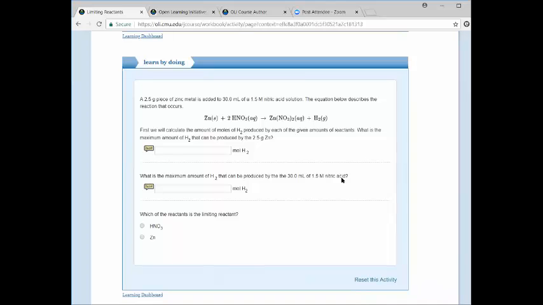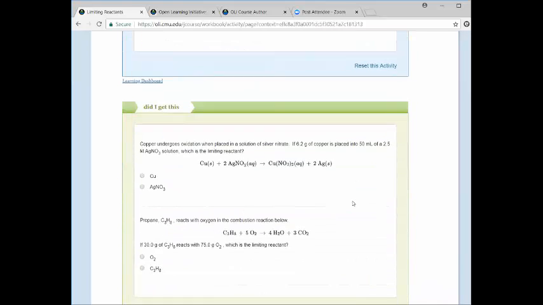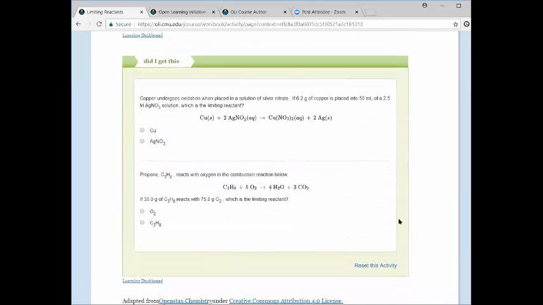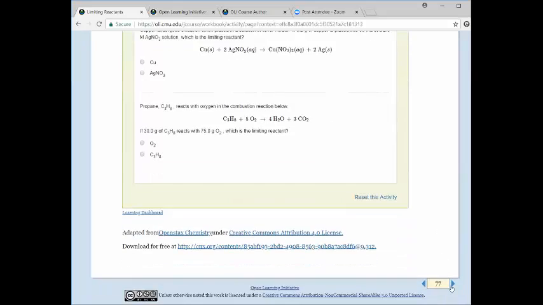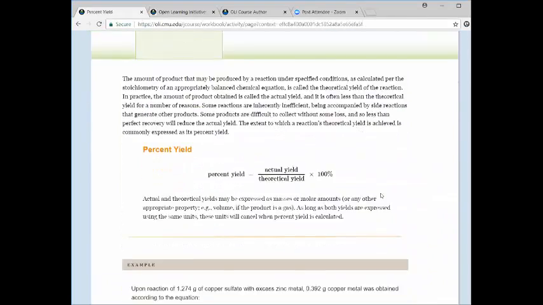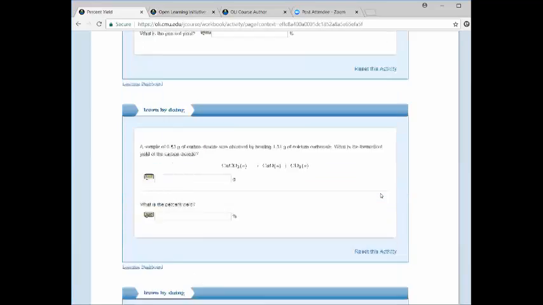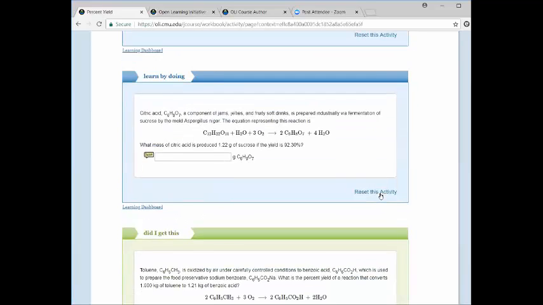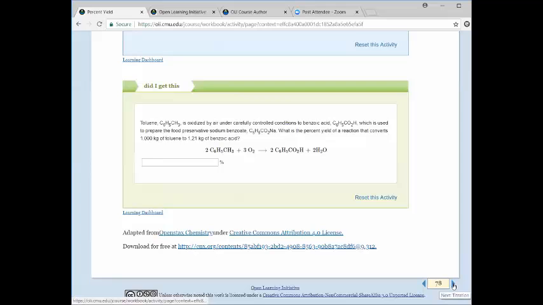Stepwise with hints for the Learn by Doing, and then we get to a couple of did I get this questions, which again, more straightforward, kind of pulling away that scaffolding, a self-assessment, so to speak, for the student. The percent yield here, similar situation as we've seen on the previous pages.